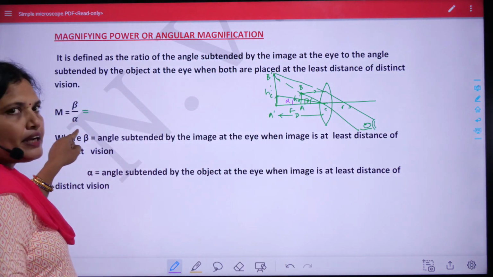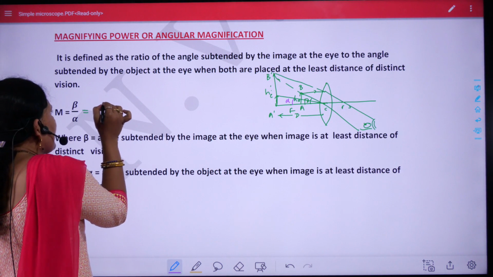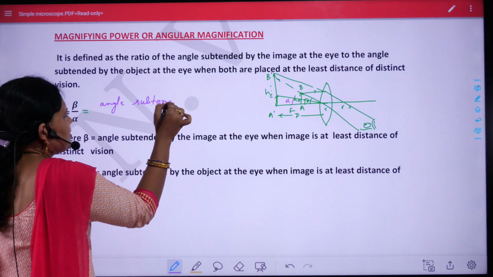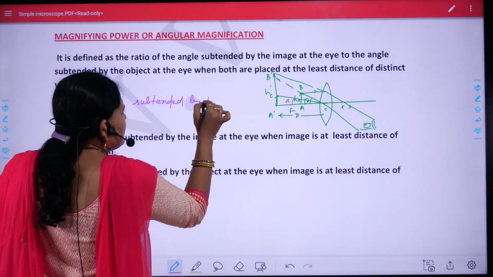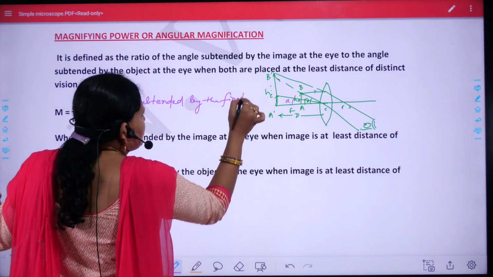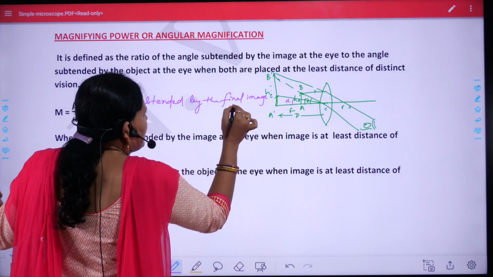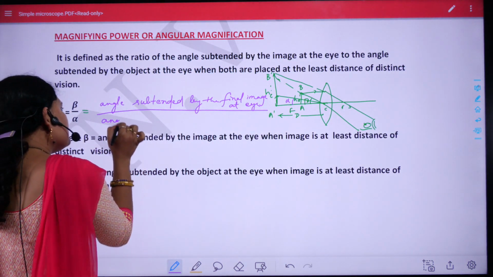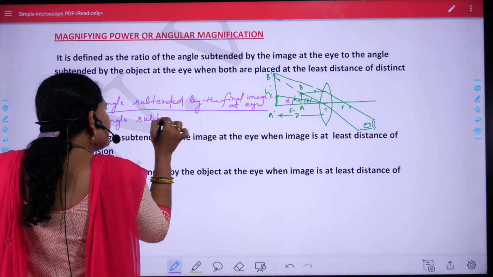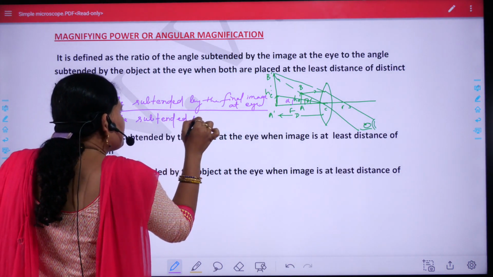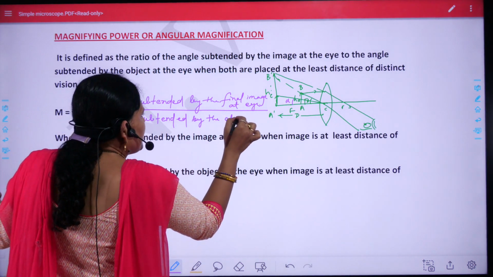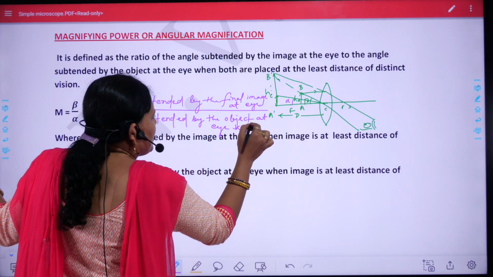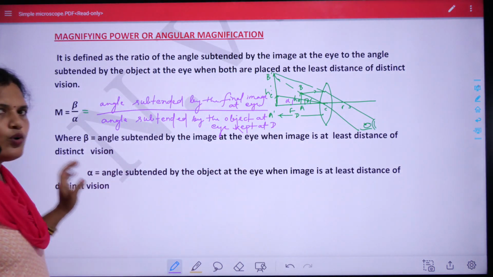So m equals beta by alpha. What is beta? Angle subtended by the final image at the eye, divided by the angle subtended by the object at the eye kept at D. Okay?